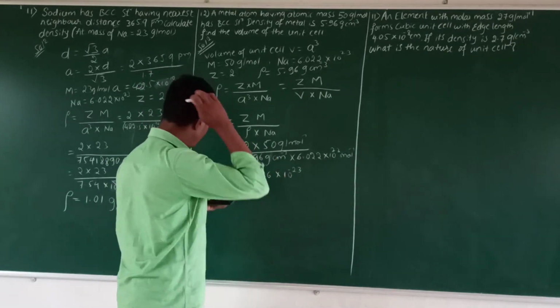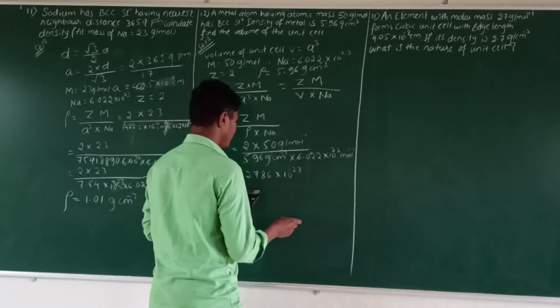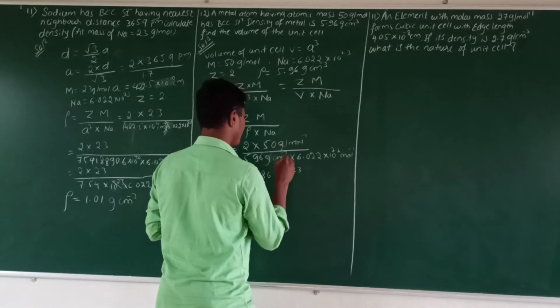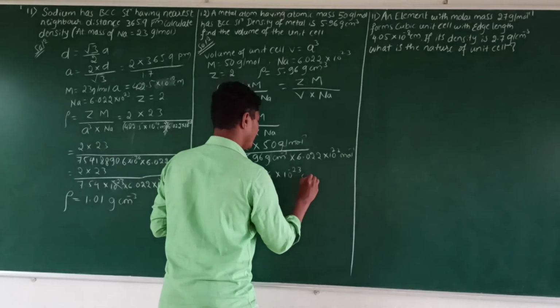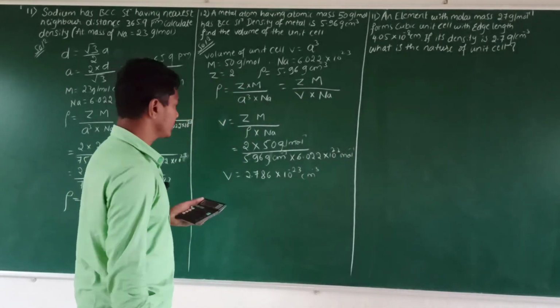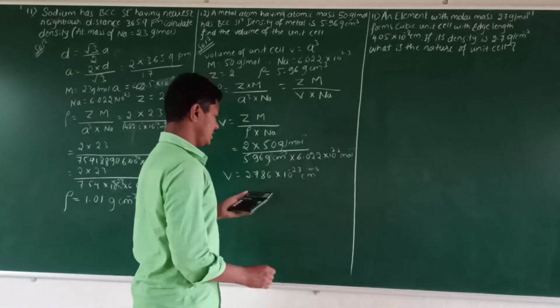Gram gets cancelled, leaving centimeter cube, cm cube.